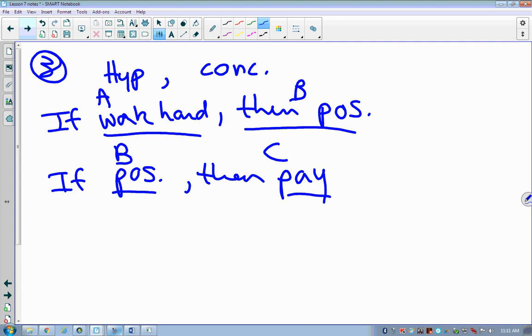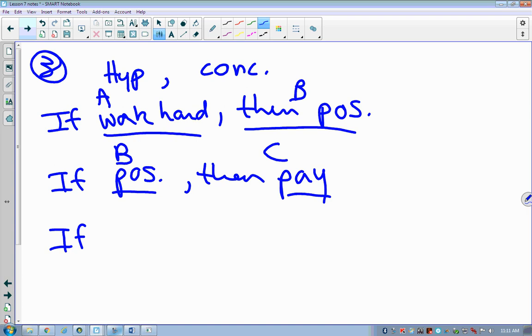All right, so what is our conclusion? We should have a final if-then statement. This is what we call the transitive property. The transitive property is if A equals B and B equals C, then A equals C.